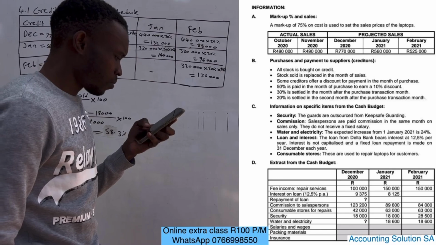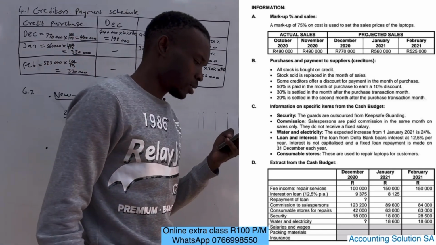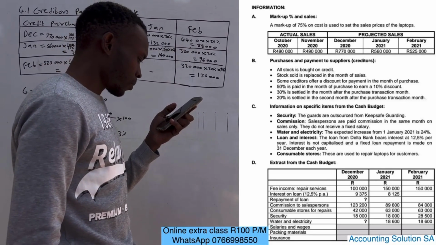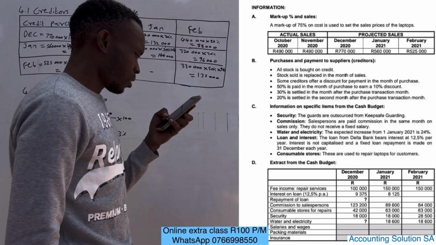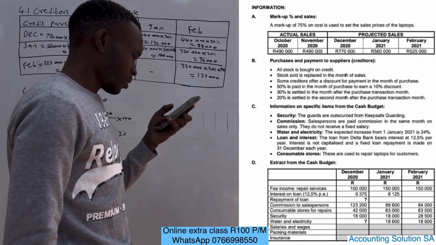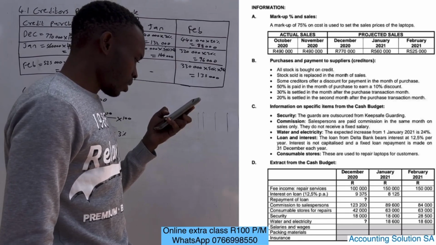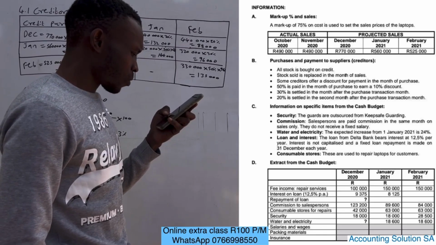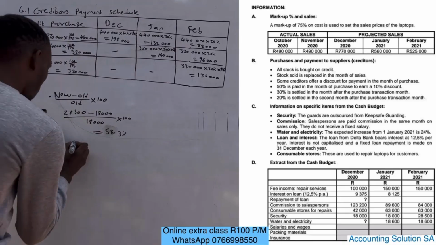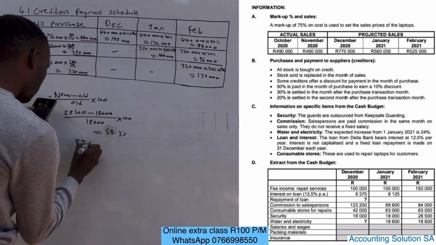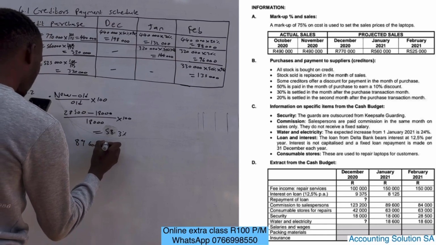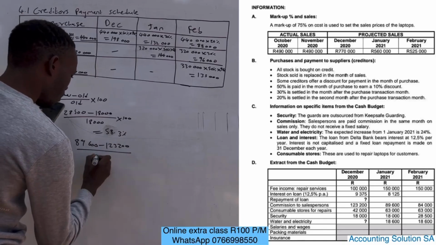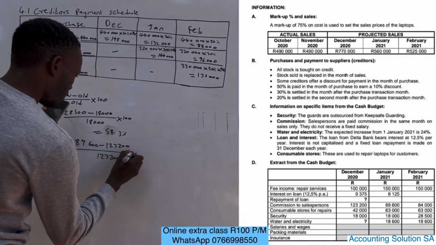Okay, and the next one they want us to calculate is the commission paid to salesperson, the percentage change in commission. Okay, they said which month? December. Commission for December came from 123,200 going down to 89,600, which means that our new is 89,600. Obviously it's going to give you a decrease, a negative: 89,600 minus 123,200, divided by 123,200, multiplied by 100.